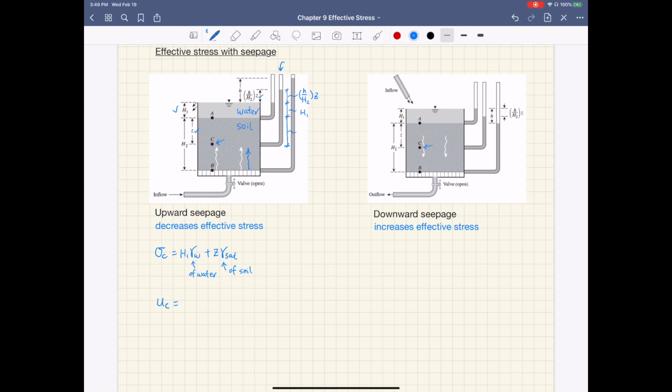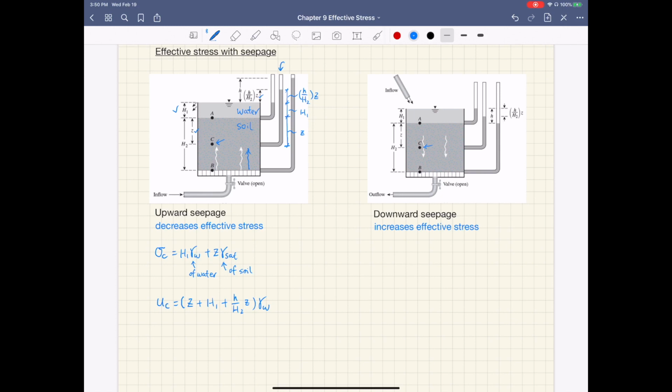And finally, this is z here. So the pore pressure at point C is, let's say, z plus h1 plus h over h2 times z. That's the height of water inside that standpipe at C. Then multiply that by the unit weight of water, and you get the pore pressure at C.